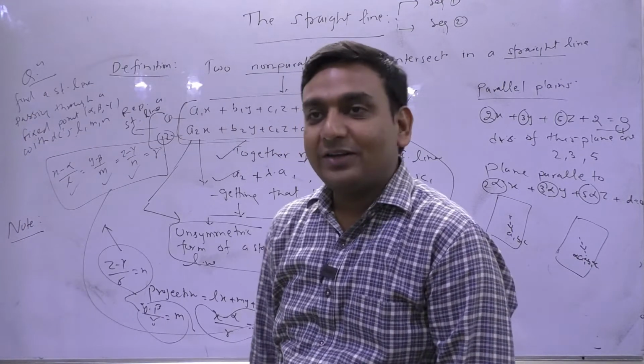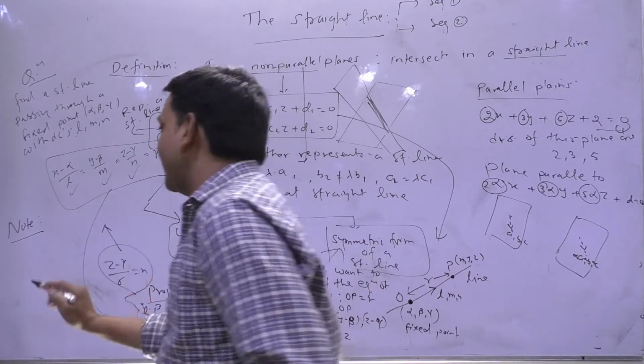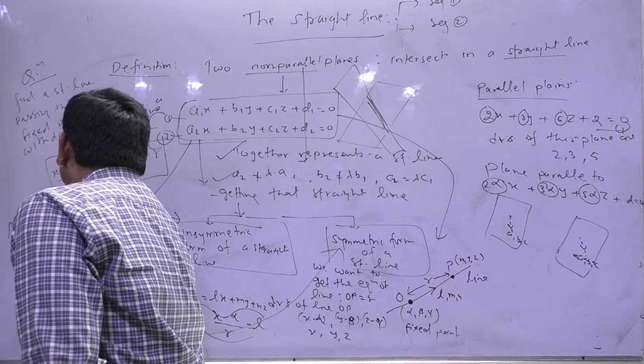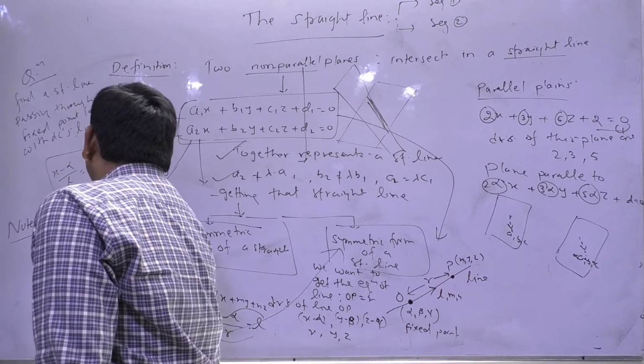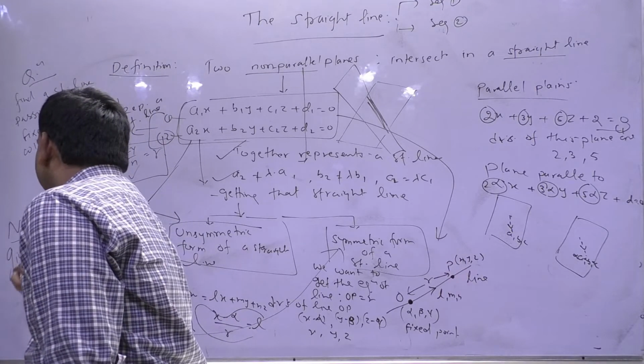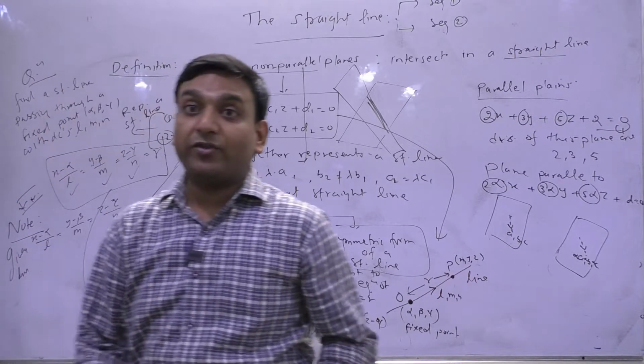What is that note? If I have a given line x minus alpha upon l, y minus beta upon m, z minus gamma upon n. Let's say this is a given line and mark star here. That is exam point for you.